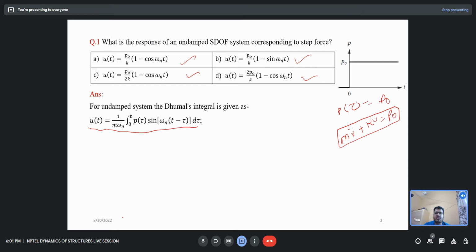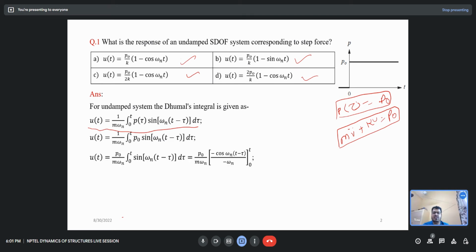If we put p(tau) as p naught, and do the integral, we take p naught outside, and inside remains sine omega n (t minus tau). If we integrate with respect to tau, that will be p naught by m omega n times minus cos omega n (t minus tau), and this term contains a minus, so that minus minus cancels out. Then put the limits, and we go to the final solution.